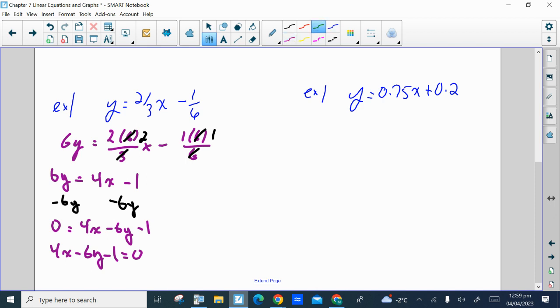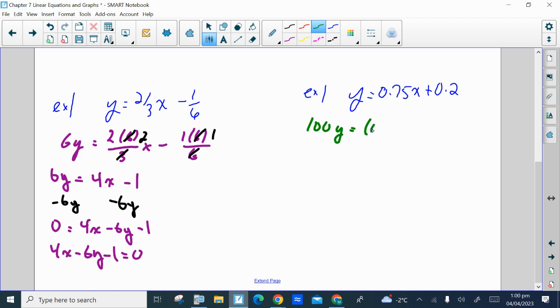For the next one, we have decimals. We can't have any fractions or decimals, so we need to get rid of them. The first decimal has 2 decimal places, the second one only has 1. So to get rid of all of them, we multiply everything by 100, because there are 2 zeros to get rid of 2 decimal places.